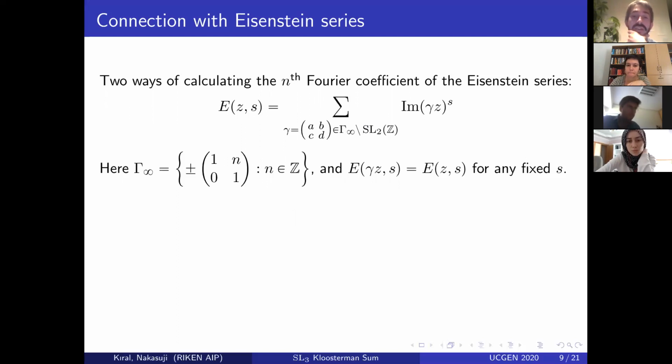It's just C and D, which are relatively prime, will give me a unique SL2Z matrix.